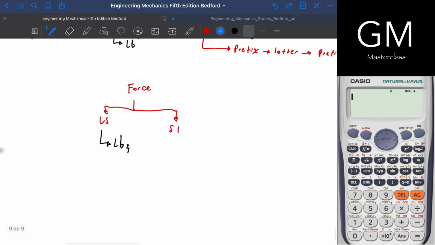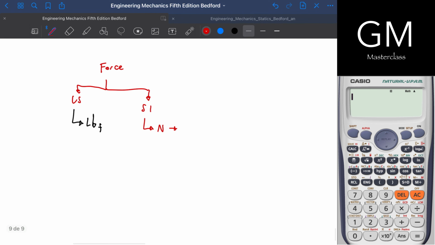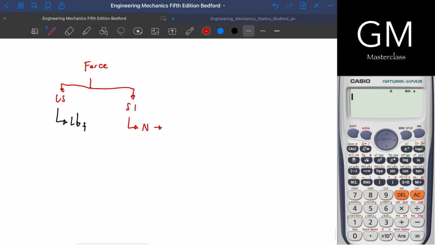In the international system units, that is easier to understand because we use the newtons, and the newtons are actually a force, and a force, as I've been saying this whole time, is equal to a mass multiplied by an acceleration.